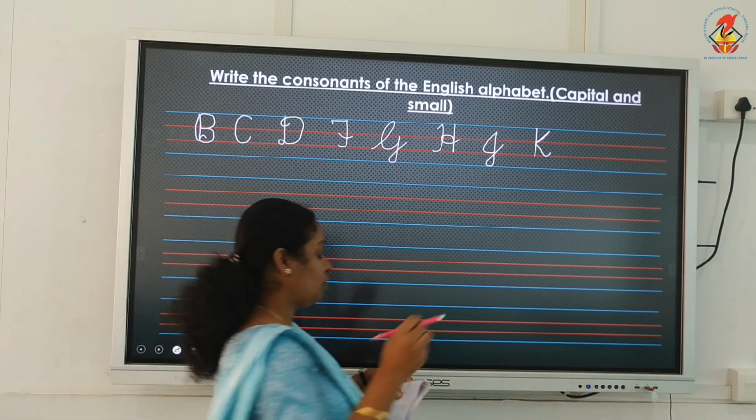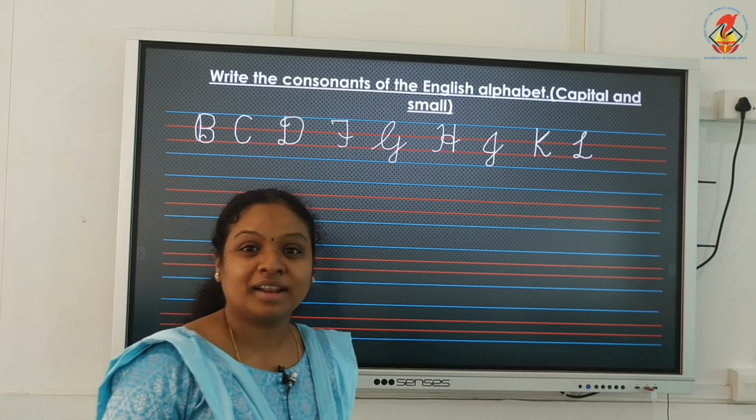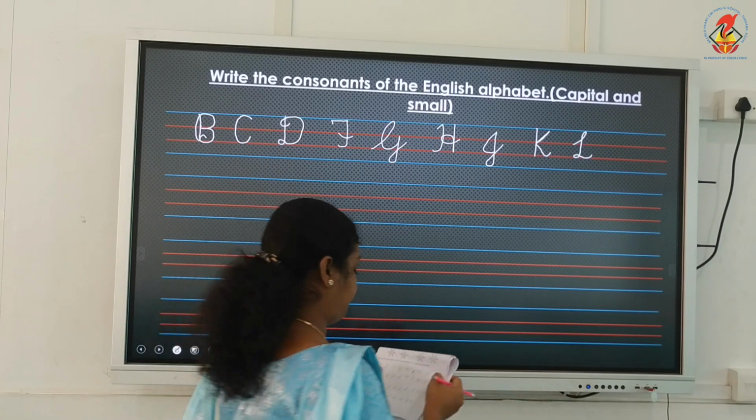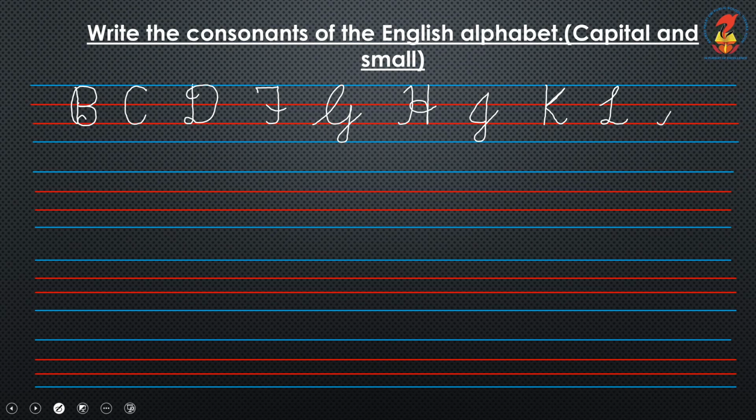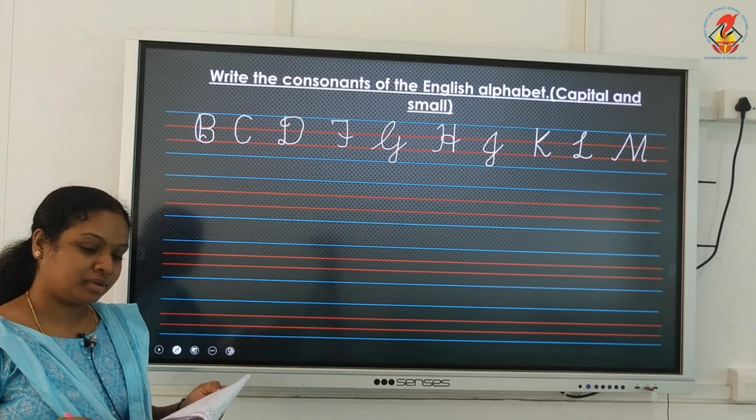L, isn't it? So write L. L. Then after L, it's M. Okay, it's M. Then after M, N.